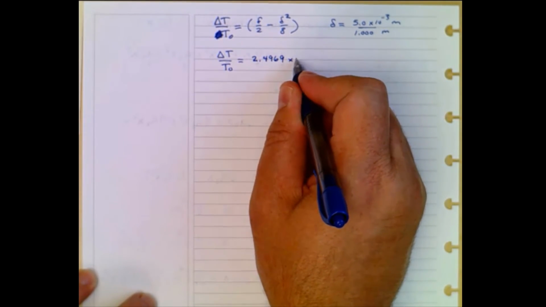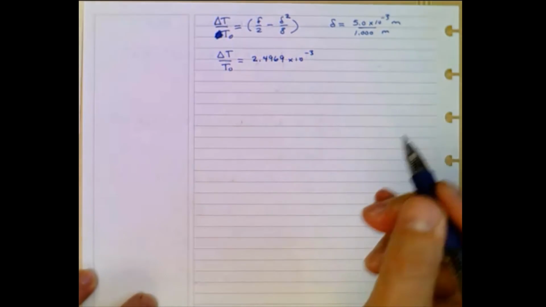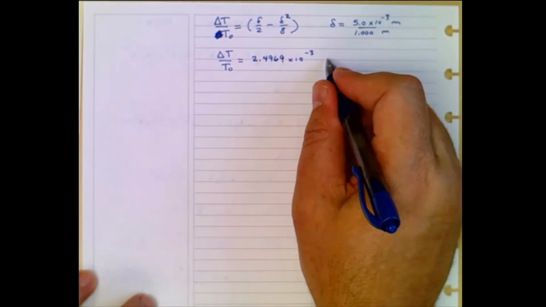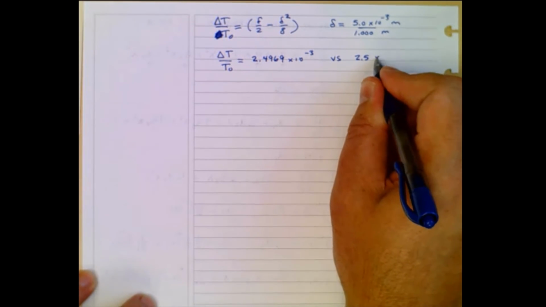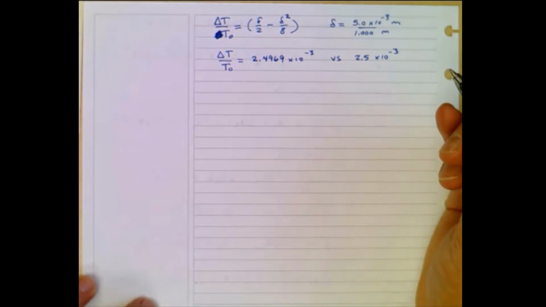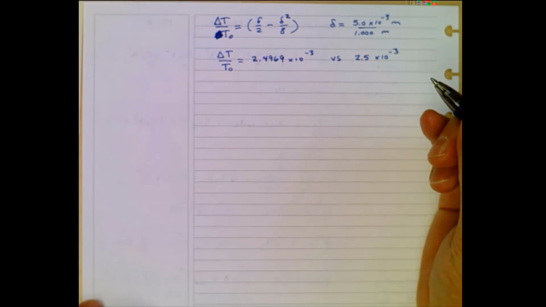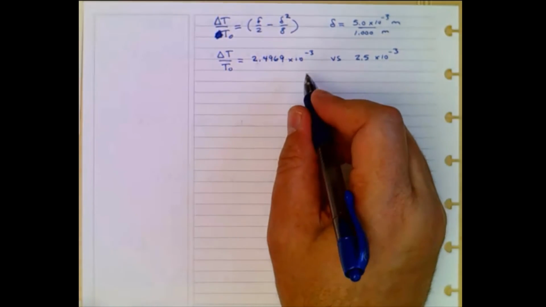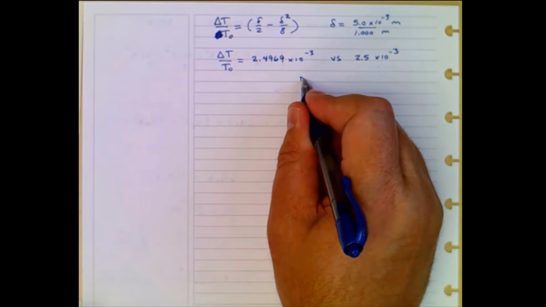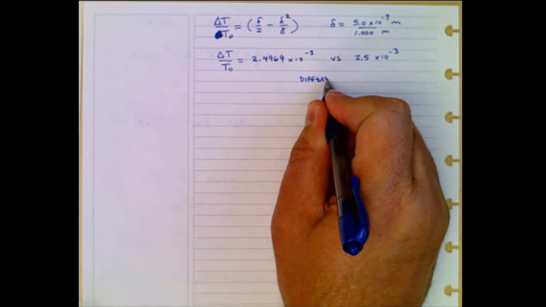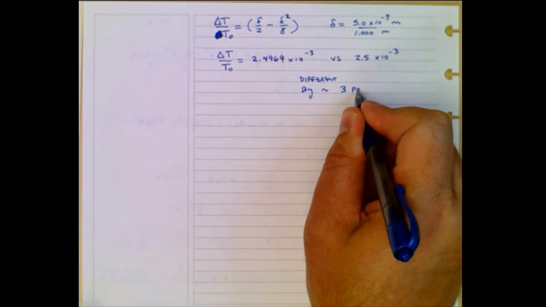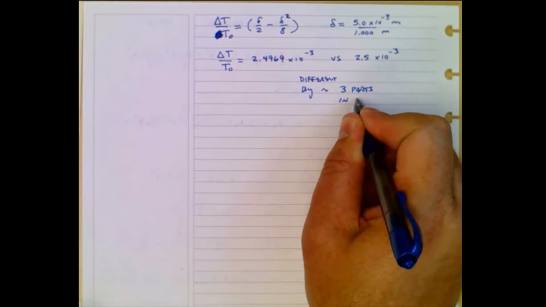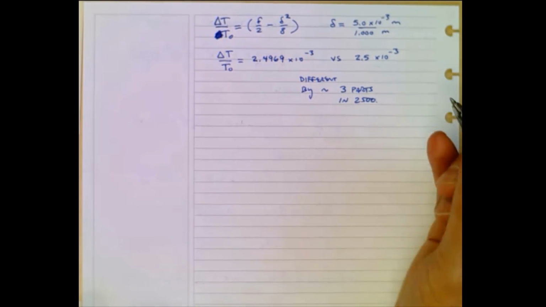2.4969 times 10 to the minus 3. So this is compared to 2.5 times 10 to the minus 3. It is only different by about 3 parts in 2,500.